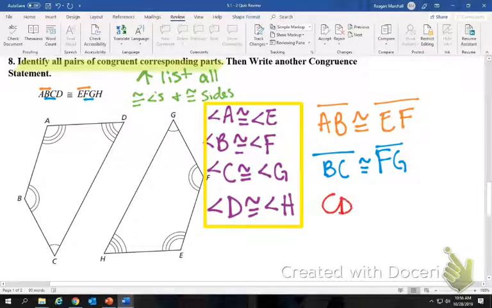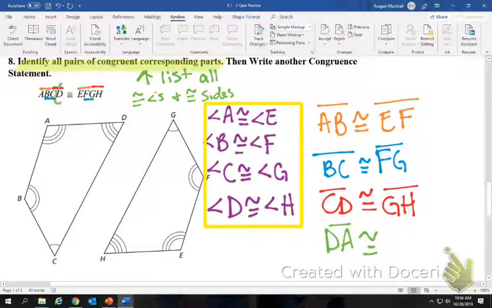Now we'll go ahead and do CD. CD is congruent to GH. And we have one more that we have not named. Sure, DA. So if I said DA in the first figure, I would have to say HE in the second figure.